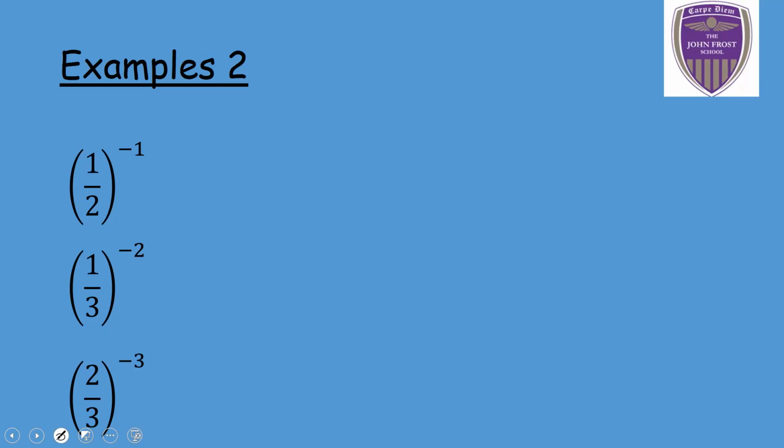So let's look at examples 2. Okay, so our first one, I'm going to move over the board a little bit just to make myself some more room. Right, so 1/2 to the power minus 2, that would equal 2 over 1 to the power 1.